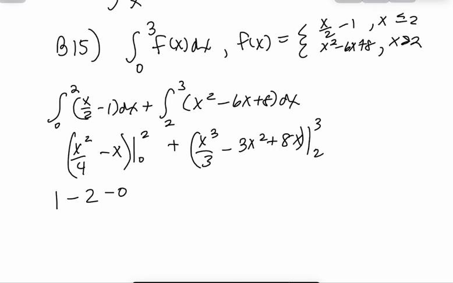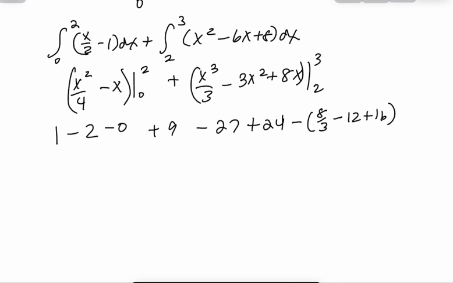If you plug in 3, you get 9 minus 27 plus 24. Isn't 8 times 3, 24? And then we're going to plug in 2. We're going to subtract 8 thirds minus 12 plus 16.